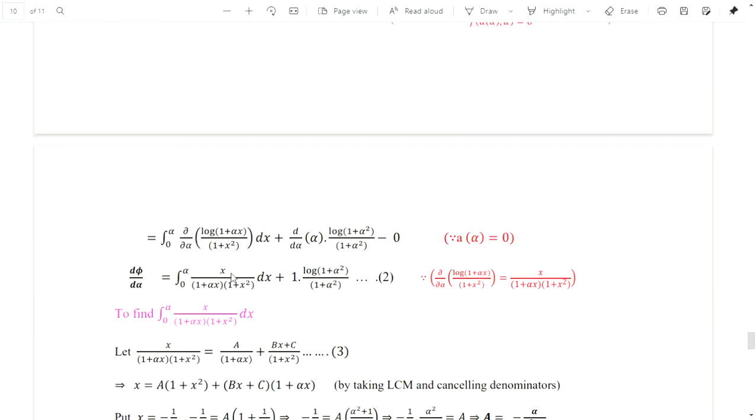This is our equation number 2. In this equation number 2, till now we found the value of this integral of 0 to alpha. So that value I substituted, plus this log of (1 plus alpha squared) by (1 plus alpha squared) I have written here.